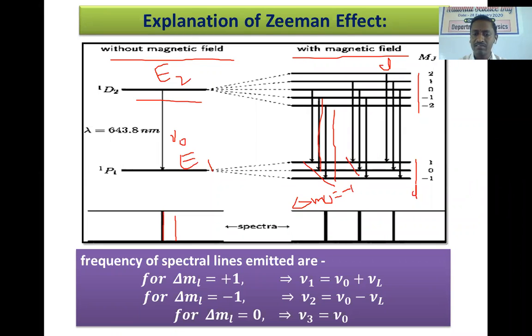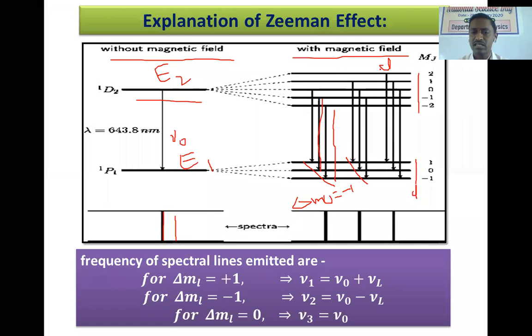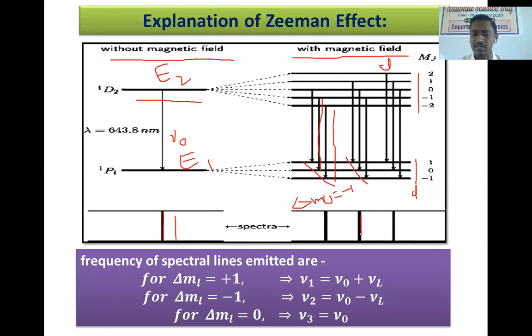Central lines are obtained when you use the selection rule delta ml equals 0, means transitions from plus 1 to plus 1, 0 to 0, minus 1 to minus 1. So that gives the central spectral line. And the previous transition gives a spectral line having frequency less than that of the original line.